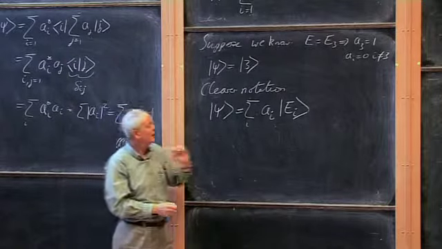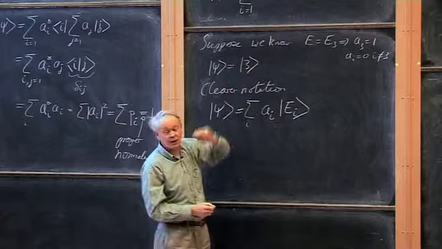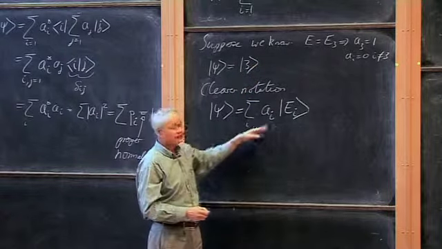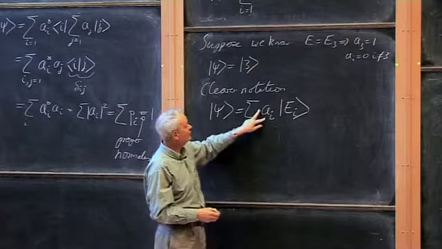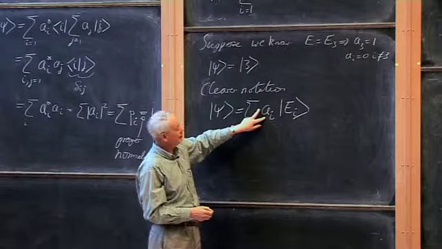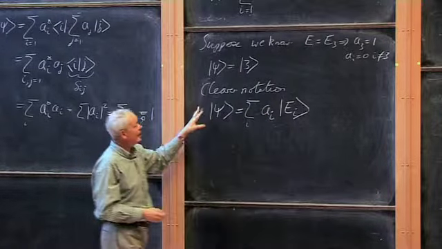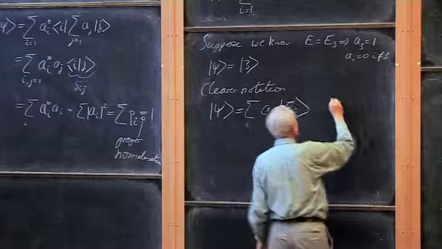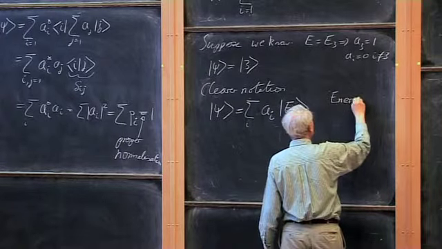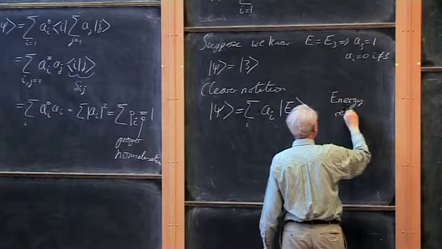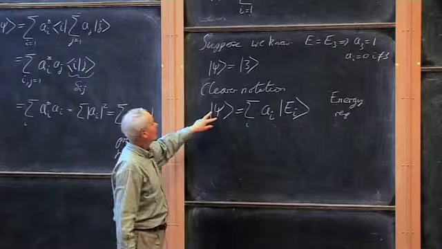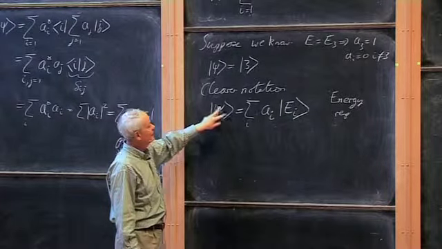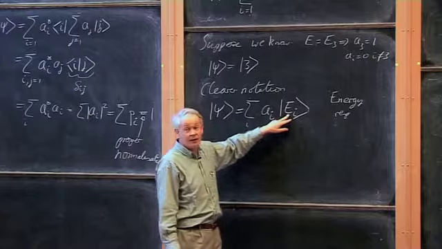So we've discovered the physical meaning of those abstract basis vectors when these are the amplitudes to measure the different energies. And this is called the energy representation, right? This is the energy representation. This is when we express the state of our system as a linear combination of states of well-defined energy.